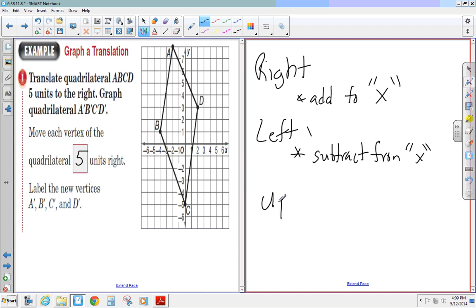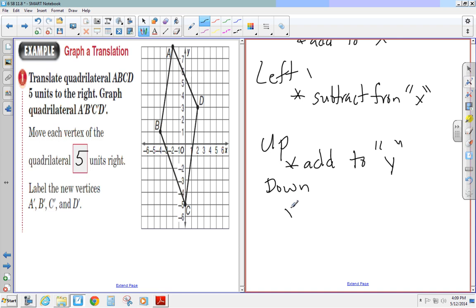Up, you need to add to y. And hopefully you can guess what down is. Down, you need to subtract from y.